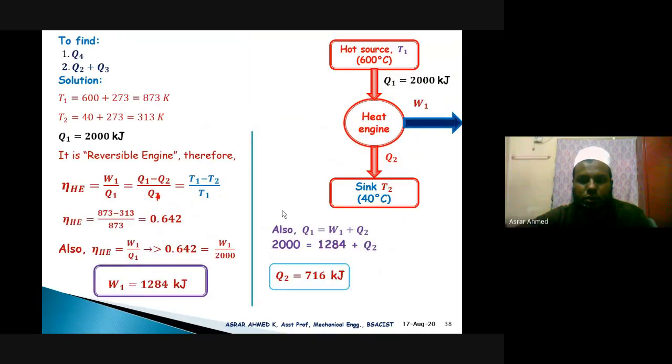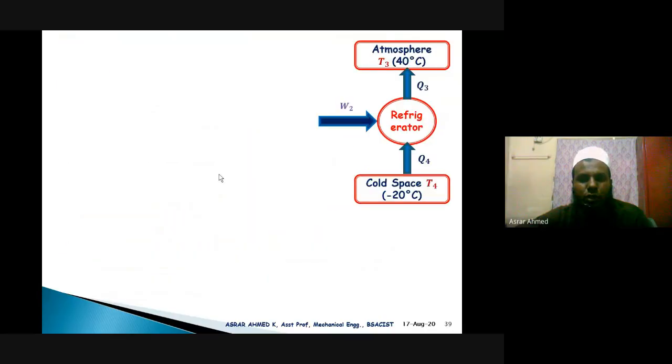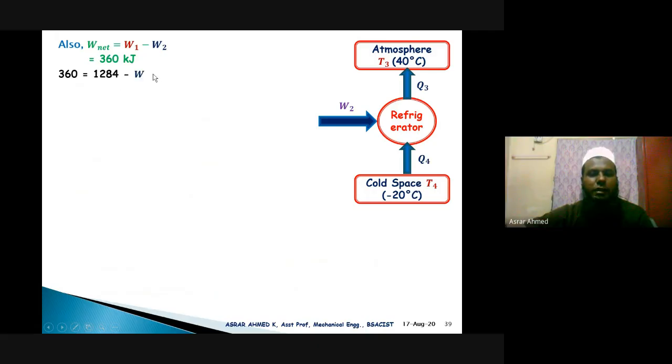So we know that W net is equal to W1 minus W2 equal to 360. Just now we have found out W1, so I can easily calculate: 360 is equal to 1284 minus W2.